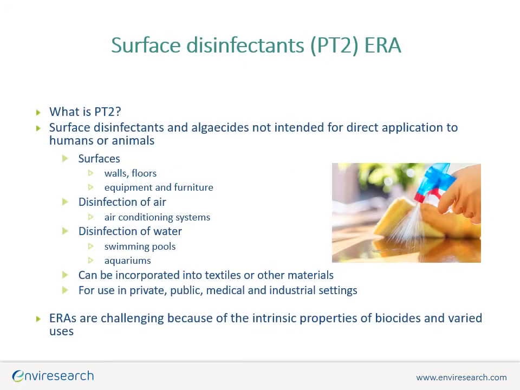So let's look at product type 2. What is product type 2? Well, as I mentioned earlier, they're surface disinfectants and algicides that are not intended for direct application to humans or animals.